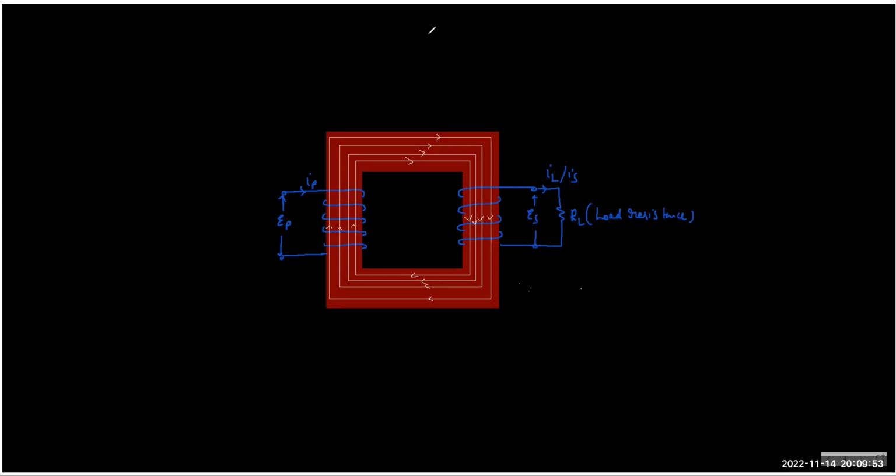So in a real transformer, we have something called flux leakage. But when we talk about the ideal transformer, that is our syllabus, we believe that there is no flux leakage.